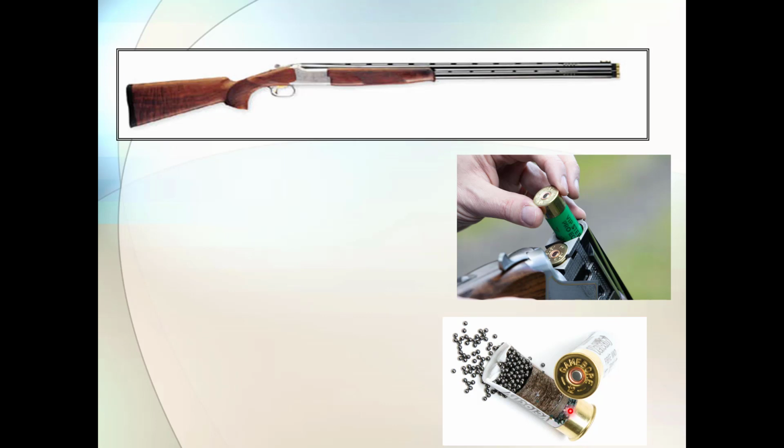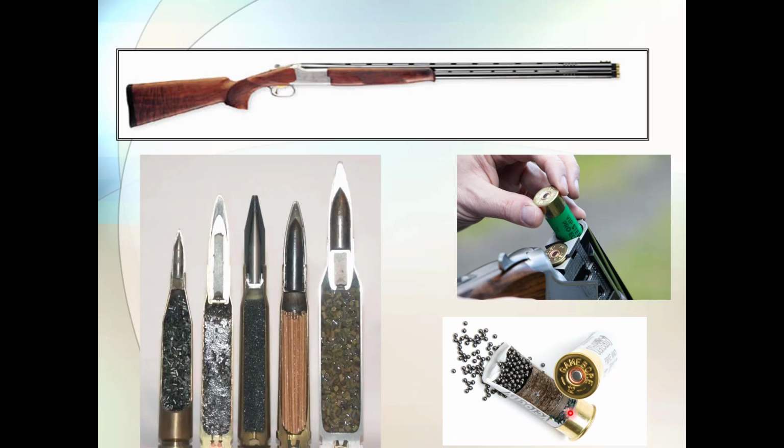The ignition of any type of powder will produce a huge volume of gases, and this huge volume of gases will push the projectile, which may be shots or a bullet. Here we find the huge volume of gases pushing the shots outward.